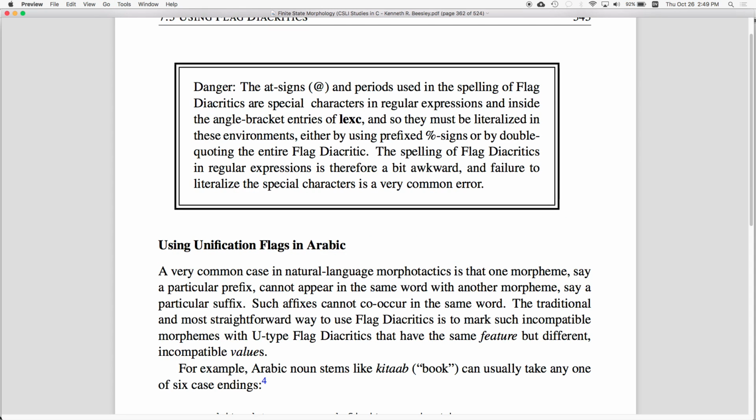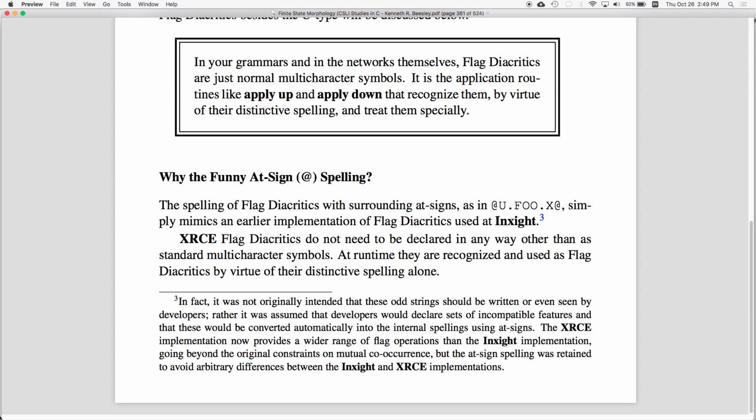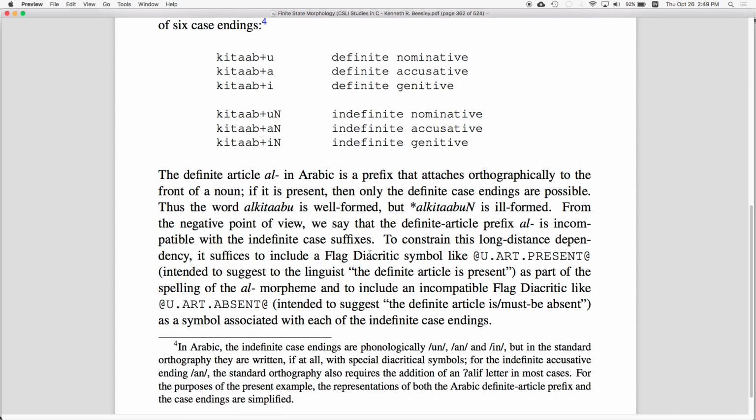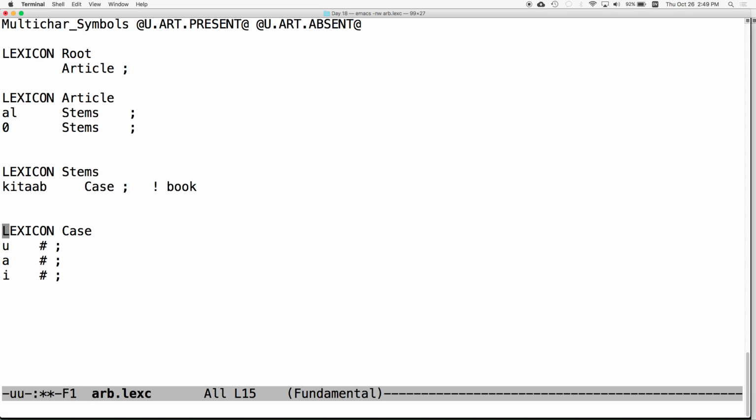It helps to know what you're implementing. That's why I was going to start with the Esperanto. Okay, here we go. So we've got definite, we've got nominative, accusative, and genitive in definite. Okay, so I know what they're doing now.